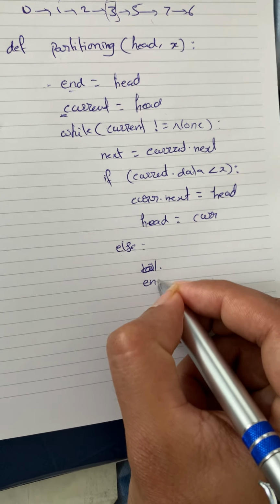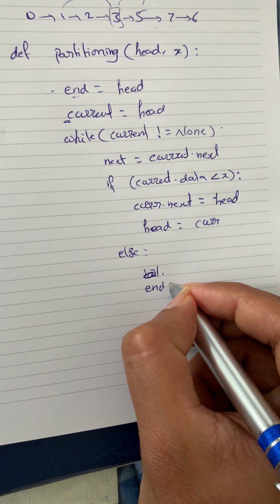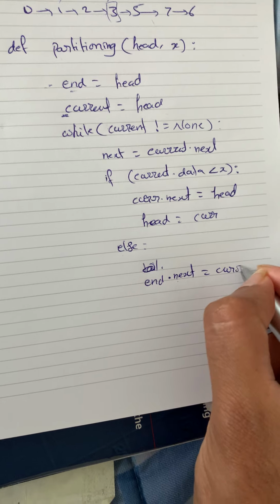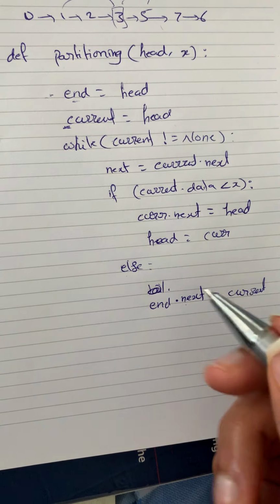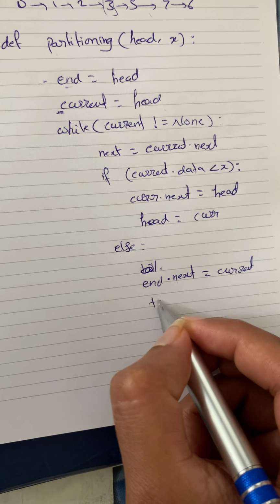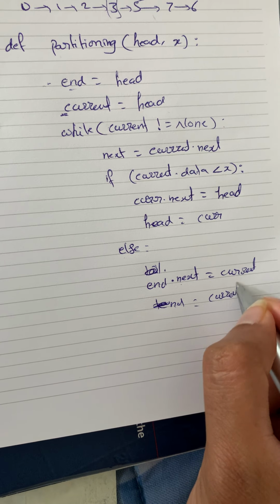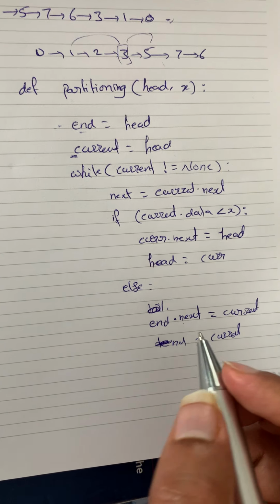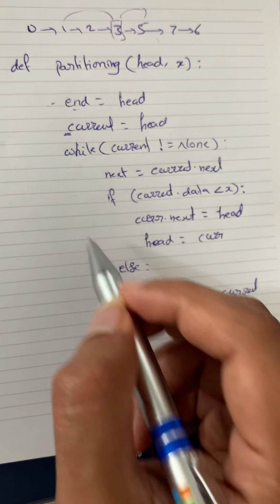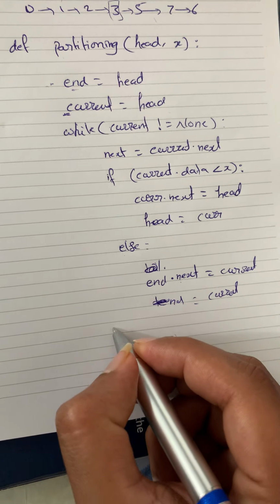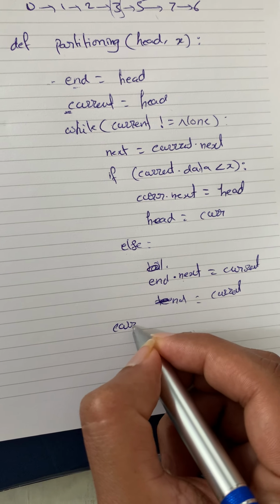So we make end.next equal to current first, and then we make end equal to current. And then after this condition we just make current equal to next.